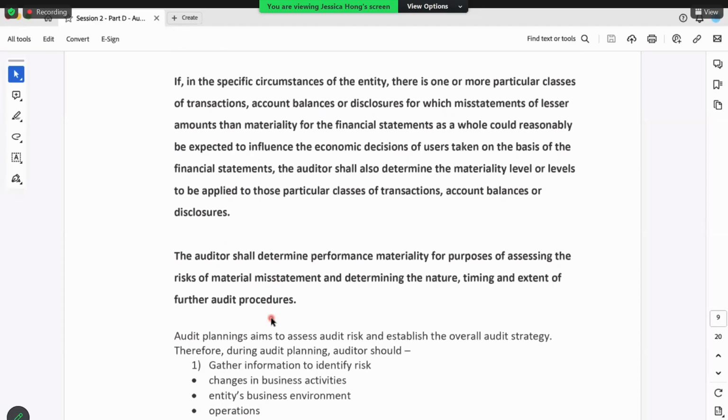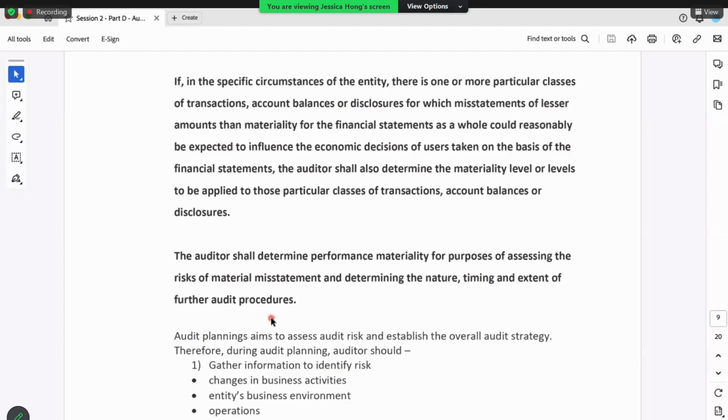At the end of audit planning, the auditor is expected to determine the performance materiality for the balances so that they can design and prepare the audit procedures to further examine those identified material misstatement areas.